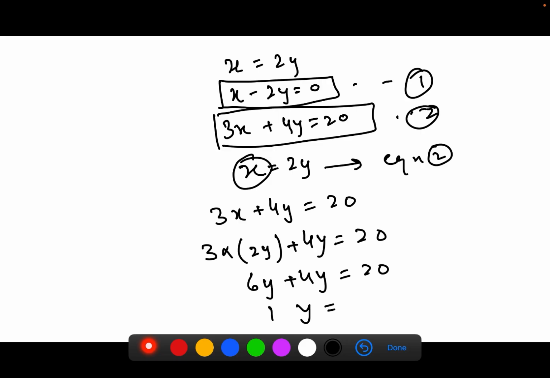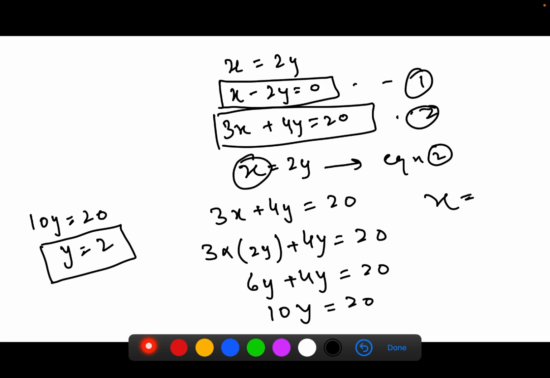So 10y is equal to 20. Therefore y is equal to 2. And from x, 2 into 2 is 4. So x is equal to 4 and y is equal to 2.